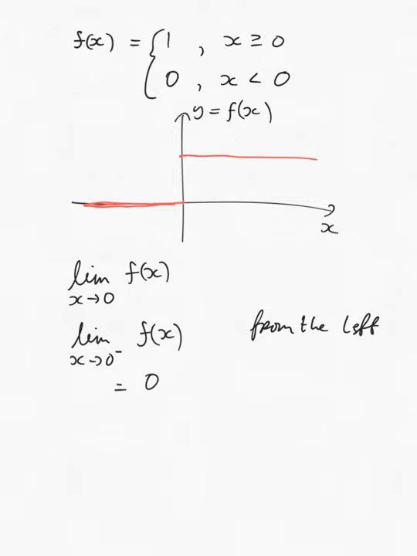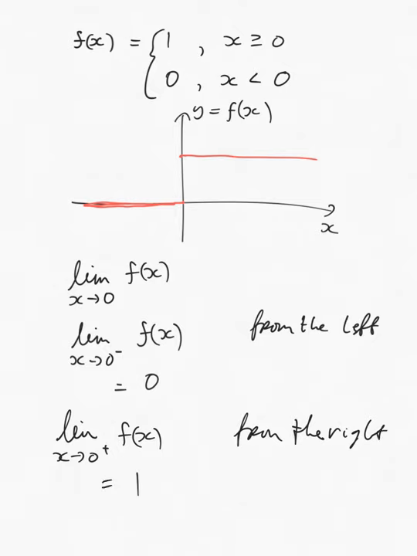In fact, it's always exactly equal to 0. But from the right, what I might call the limit as x approaches 0 plus, that limit from the right is equal to 1, because the function is always equal to 1.